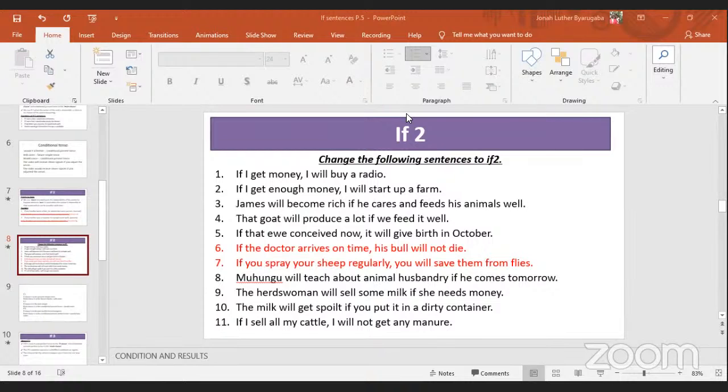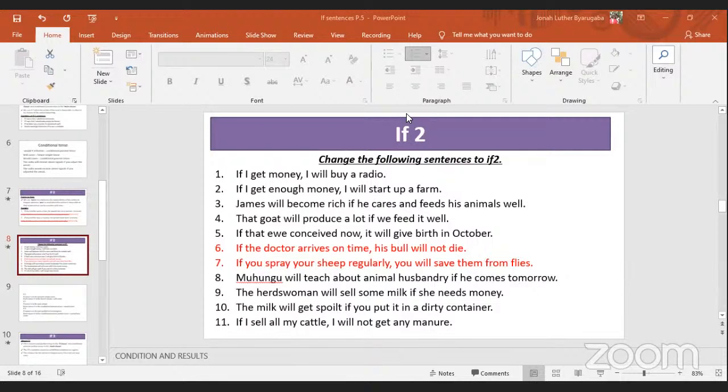Very good. Sharon, number 3. James would become rich if he cares and feeds his animal well. Here there are 2 verbs which should all change from present simple to past. Let me try again then. Go ahead. James would become rich if he cared and fed his animals well. Very good.